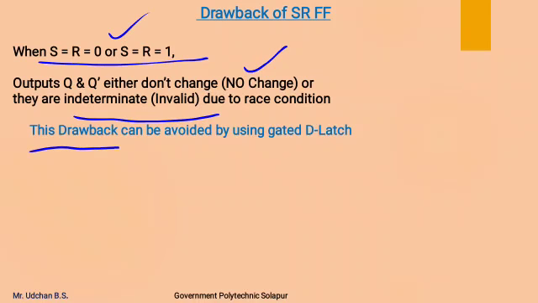So to avoid this drawback, we are going to use a gated D latch, which we will study in further lectures, where we will come to know how to avoid this no change condition and race condition of the SR flip-flop, which are not useful at all.